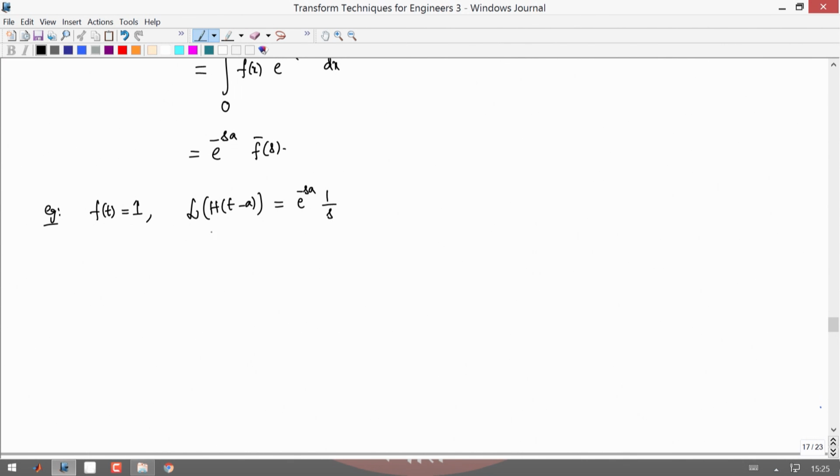So, this is what you can see. Laplace transform of Heaviside function is this one. Okay. If a is 0, you have 1 by s as the Laplace transform of Heaviside function, which is anyway 1.